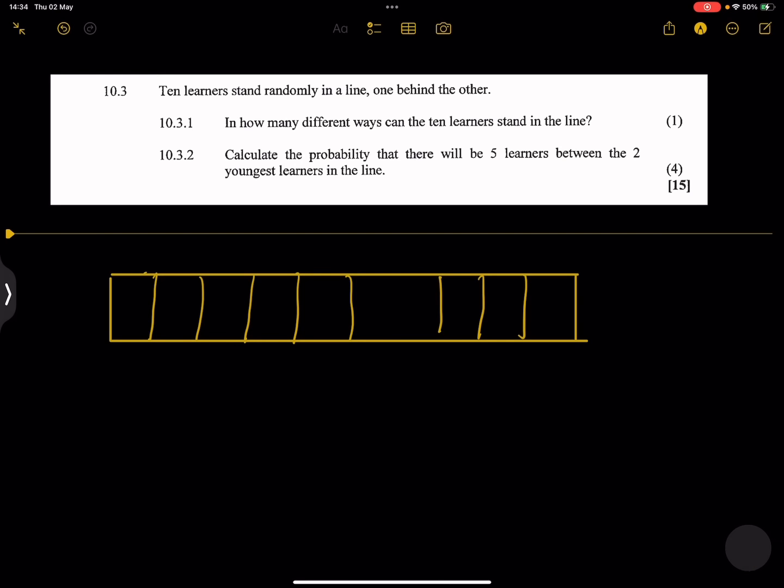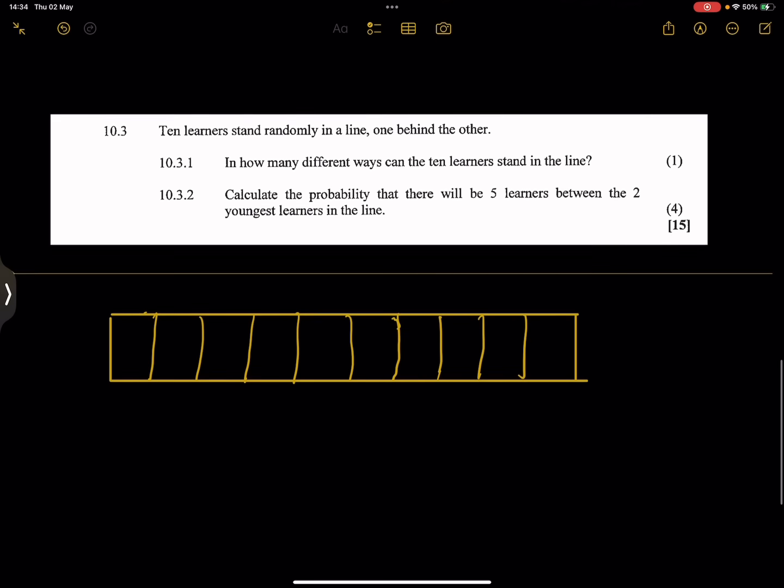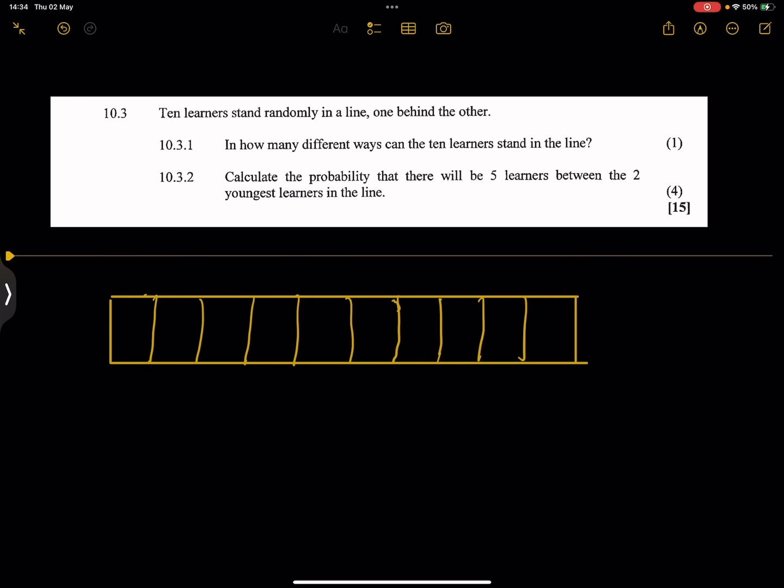Let's make this a little bit nicer. They say, in how many different ways can the learners stand in line? If you think about it, we've got 10 positions.